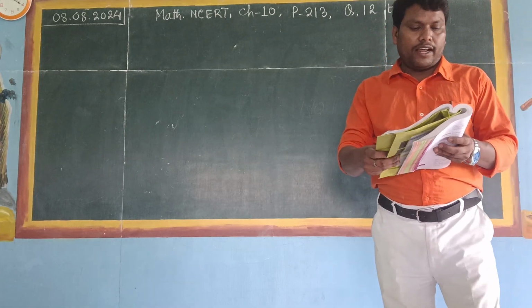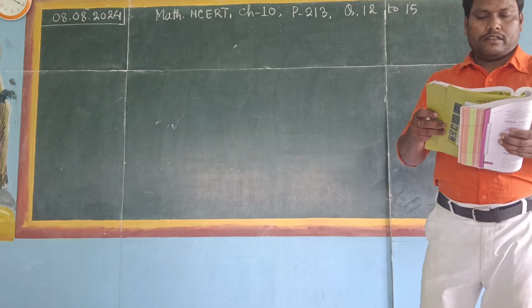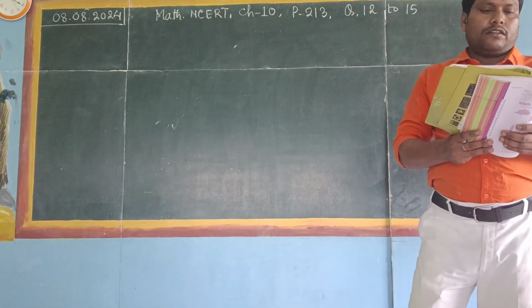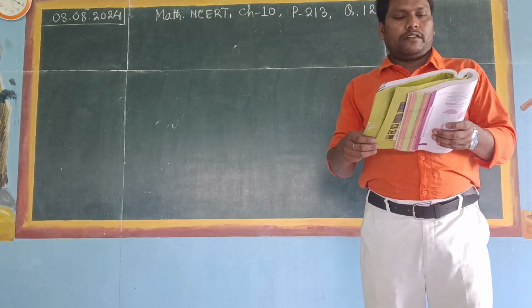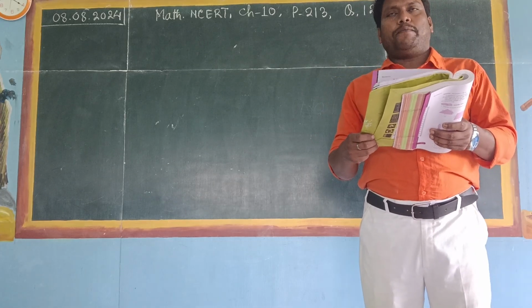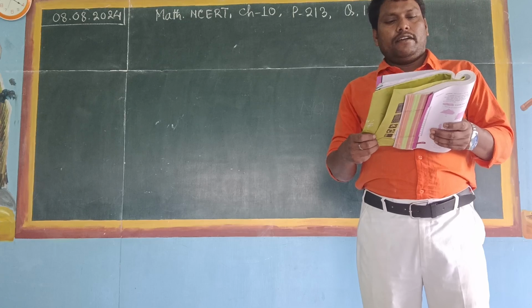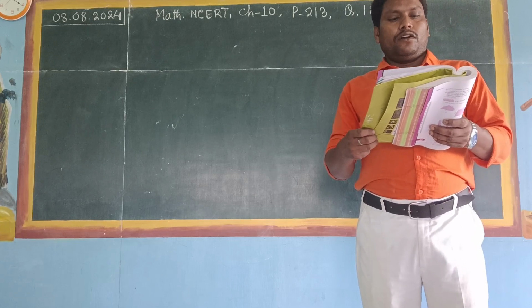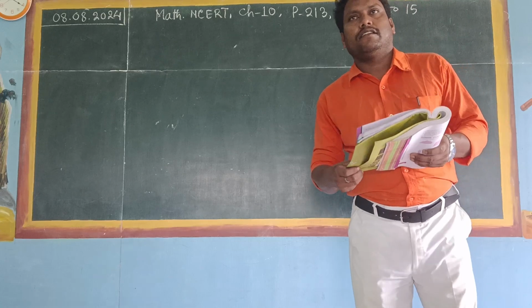Now, question number 12. Two sides of a triangle are 12 centimeter and 14 centimeter, and the perimeter is also given, 36 centimeter. What is the third side?